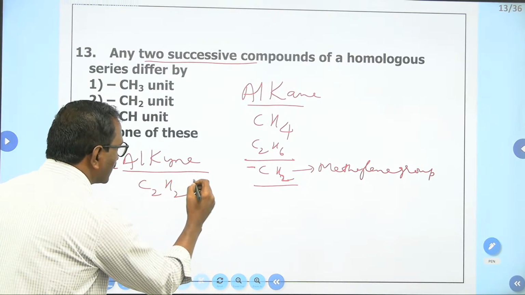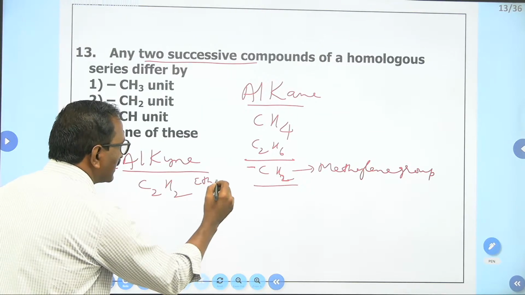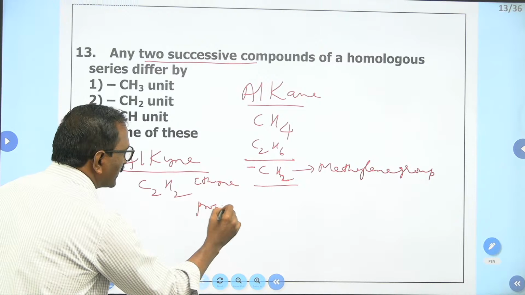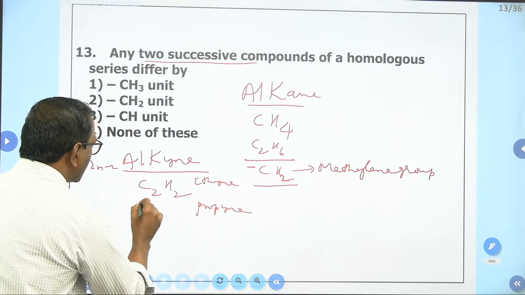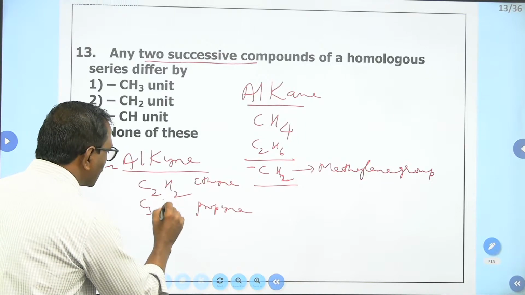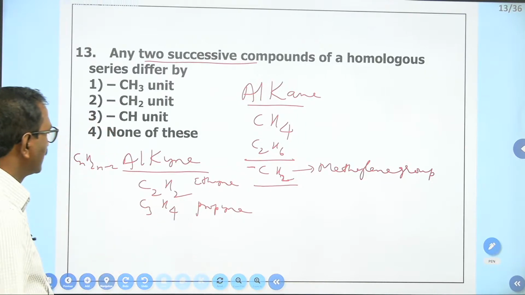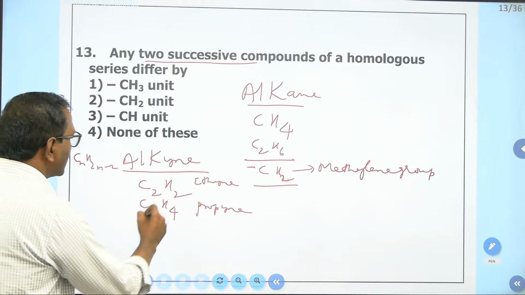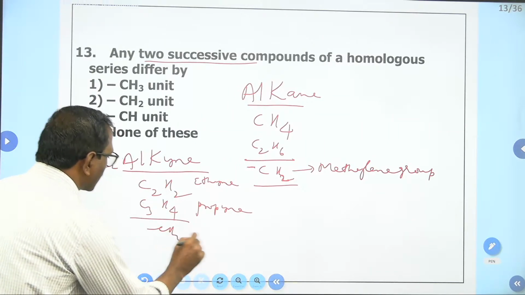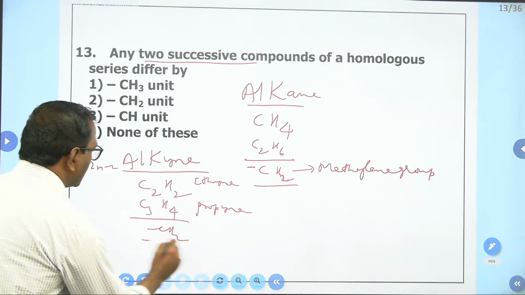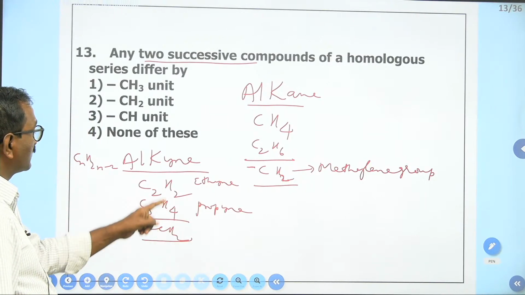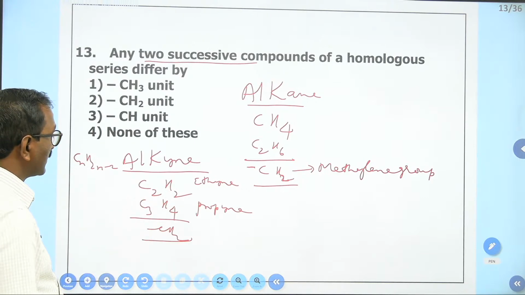Next one after ethyne is propyne, the next successive member. Propyne has C3, and H2n minus 2 gives H4. The difference between these two successive compounds is again the CH2 group, because C3 minus C2 is one carbon, and H4 minus H2 leaves H2.